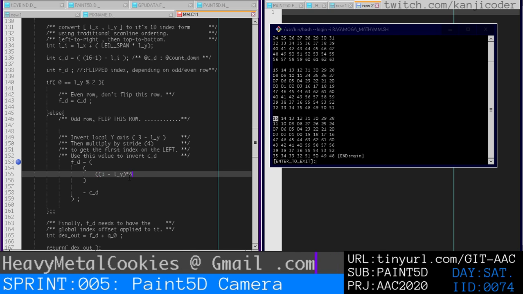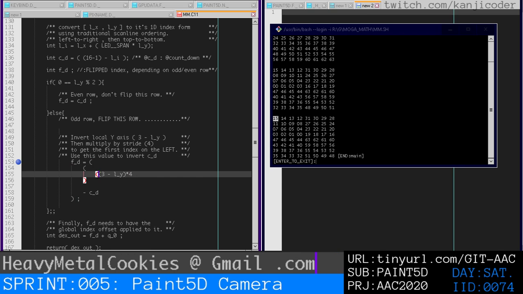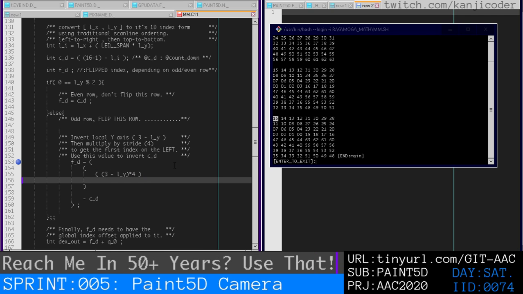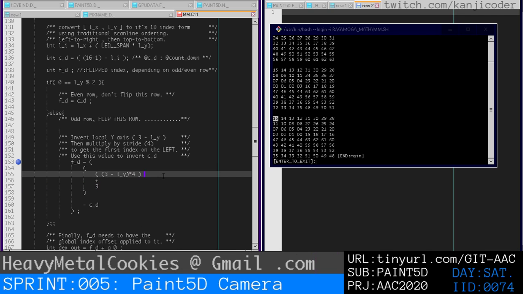We need to add 3. Lowest value of row. So this is lowest value of row.